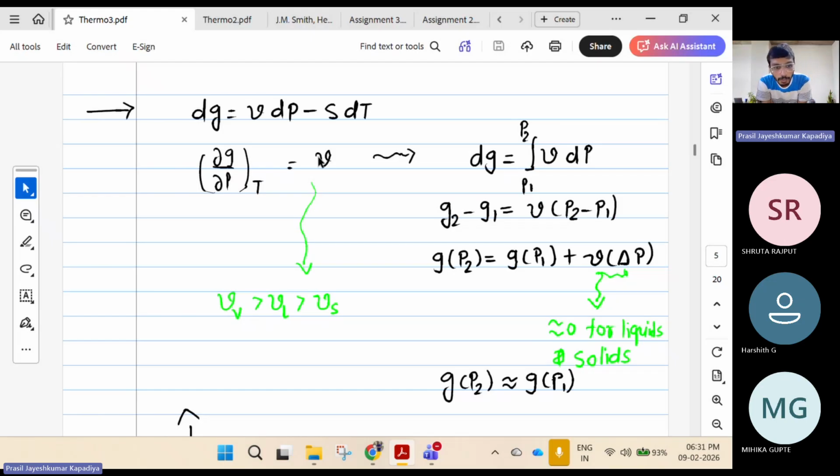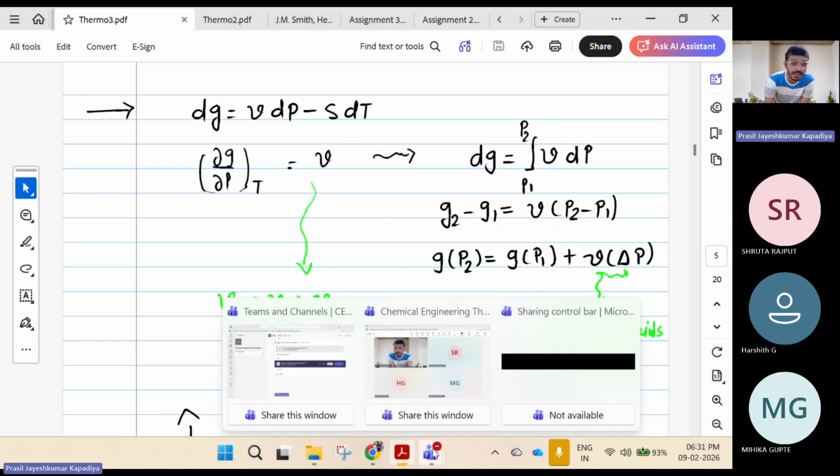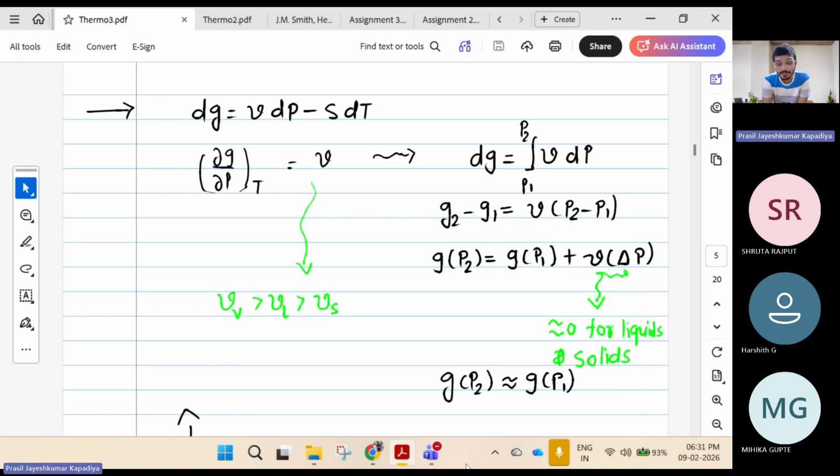So let's say I am willing to plot delta G against pressure. Which line will be steepest? First let's see, will it increase with pressure or decrease with pressure? Anyone can tell me? The slope is positive, so delta G of transfer is going to increase with pressure.